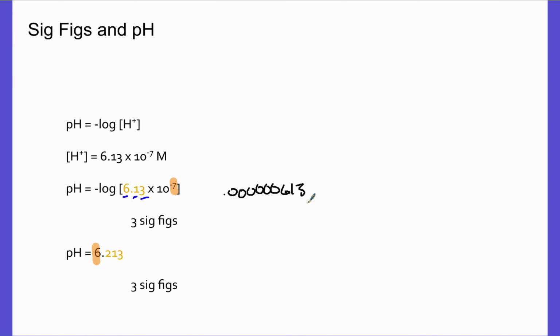This number still has 3 sig figs, whether I have that 10 to the negative 7th or not. The 10 to the negative 7th just told me it's a really small number, and the log tells me how small it is, how many powers of 10 up or down, left or right, I need to move that decimal when it's all said and done. So this 6 does not have significance. It's just the 6, the 1, and the 3 that have significance when it's all said and done.